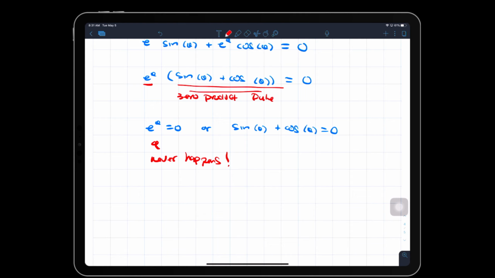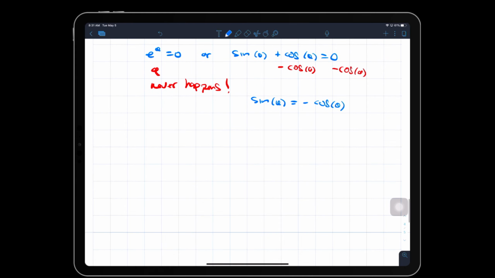However, this does happen. I can subtract cosine from both sides. And I get sine theta is minus cosine theta. And I know sine over cosine is tangent, so I'm now going to divide both sides by cosine. This is solving a trig equation, ladies and gentlemen.